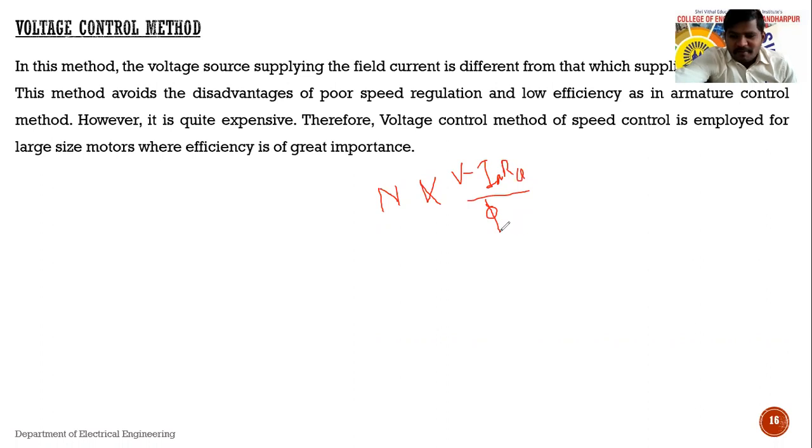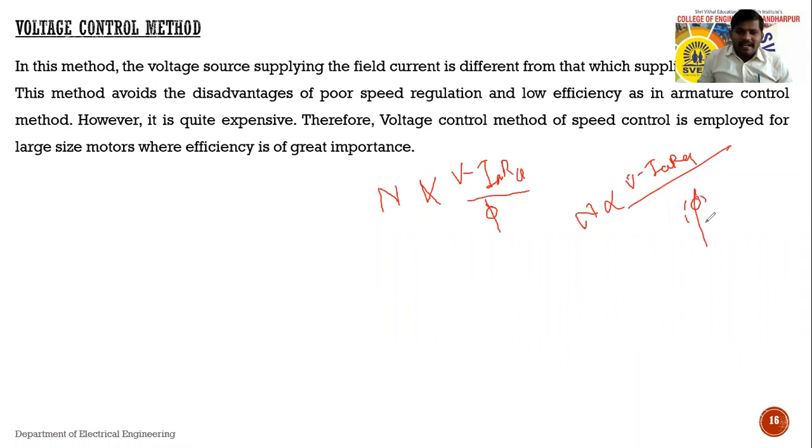That means by using this technique we are able to control the speed of the DC shunt motor. So N is directly proportional to V minus Ia Ra divided by phi.